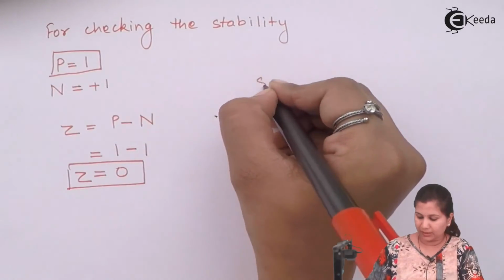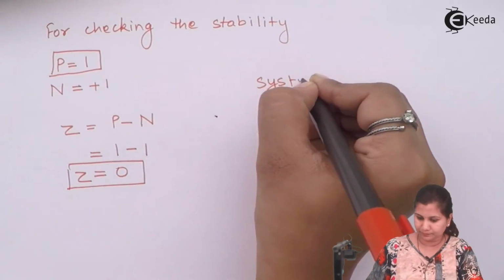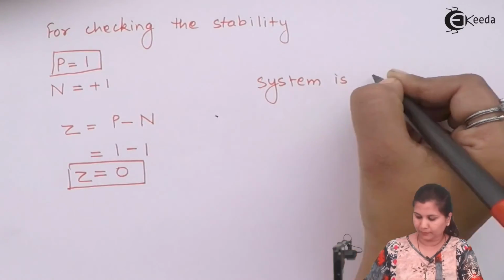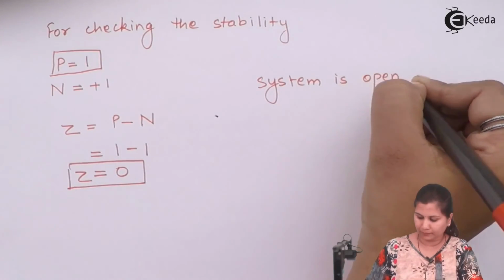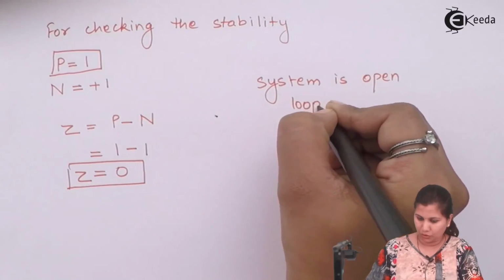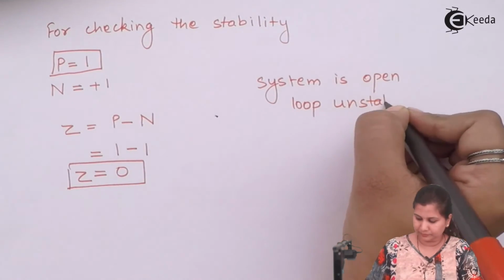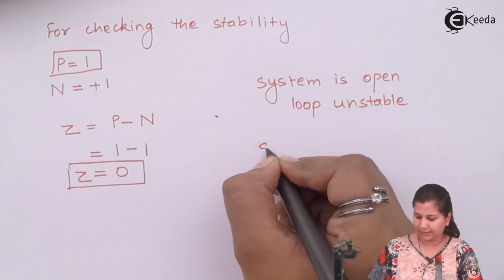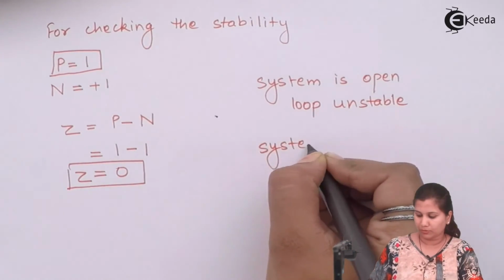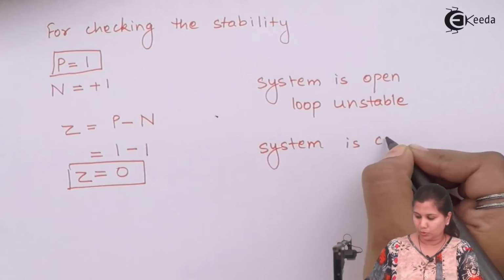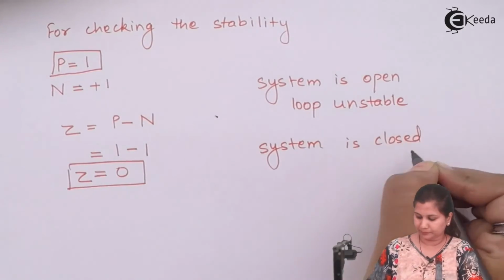So the system is open loop unstable, but the system is closed loop stable.